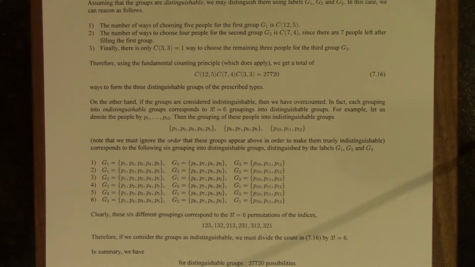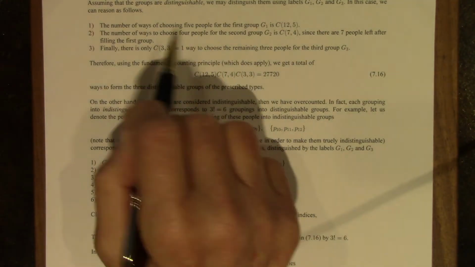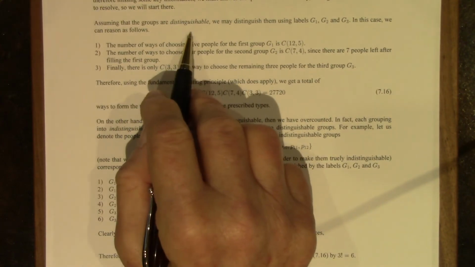Usually, I can't say always, because I don't know, but usually distinguishable cases are easier to resolve than indistinguishable cases, because you have a little more information, a little more at your disposal. So for this particular question, we'll first assume that the groups are distinguishable.